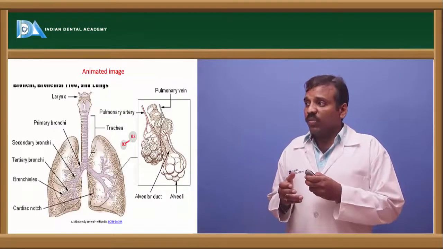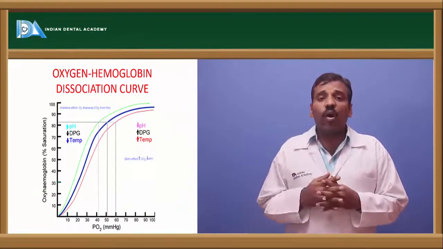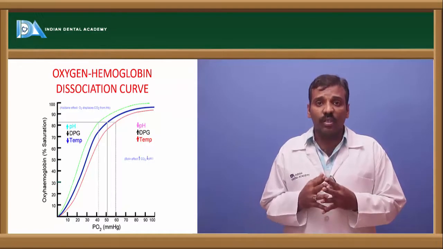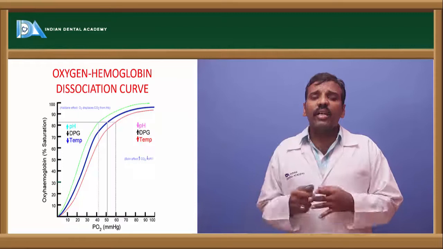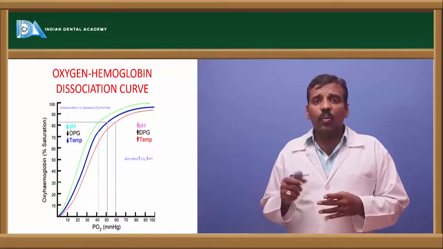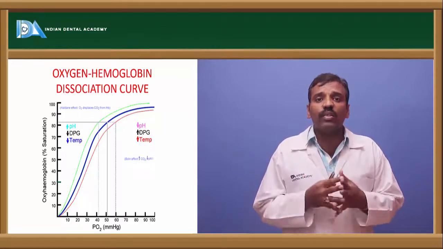And if you see the hemoglobin oxygen dissociation and association curves, it completely depends upon how the oxygen binds with the hemoglobin.